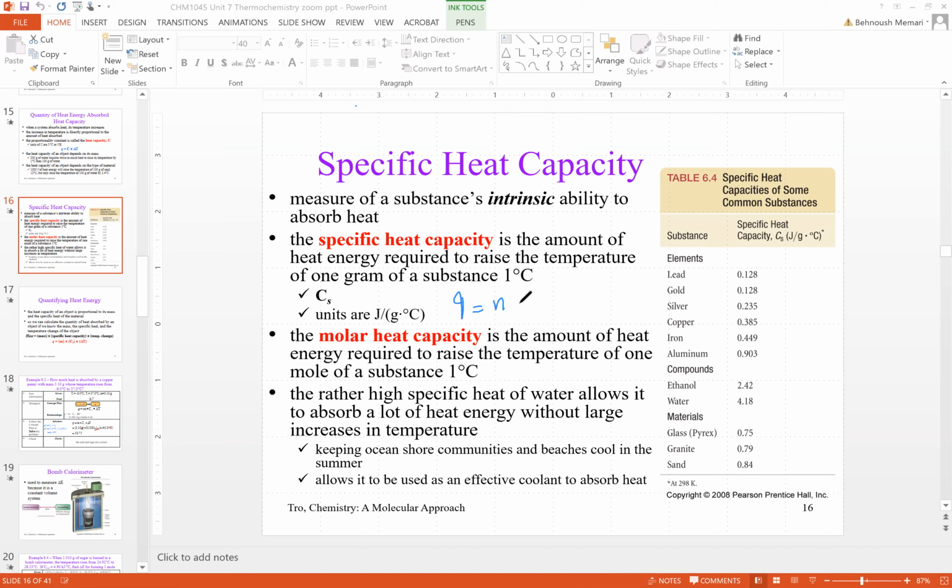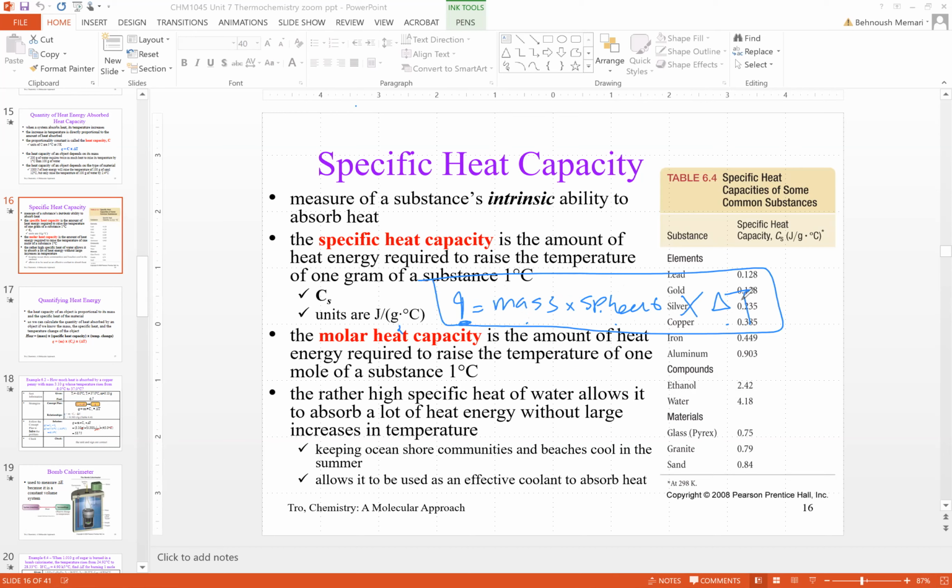Now you have to include the mass, because that's the gram, times the specific heat, times the change in temperature. So the amount of heat is calculated based on the mass, the specific heat, and the change in temperature.